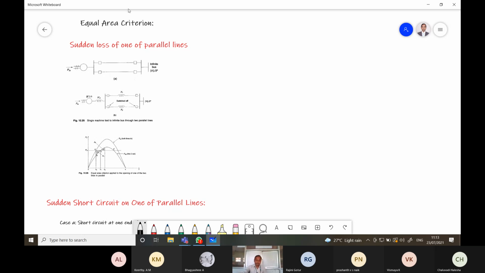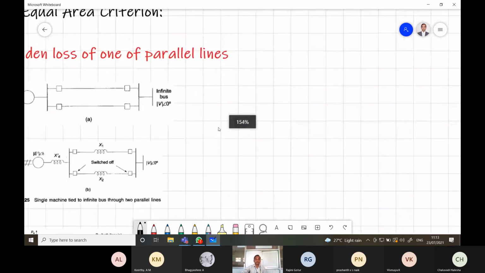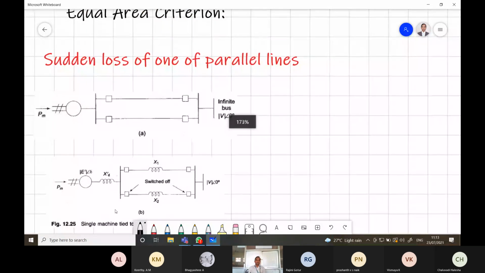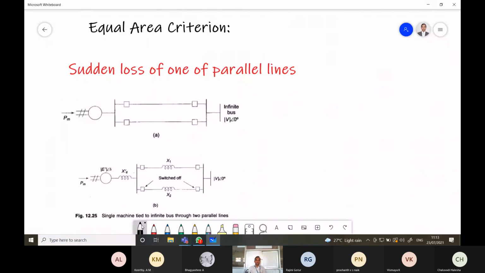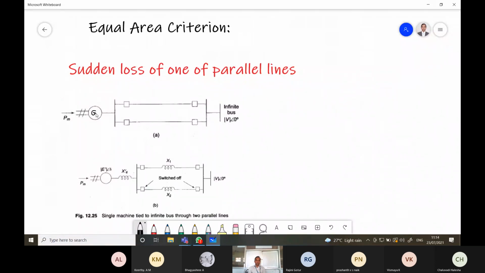So, look at the diagram here. There is a generator, and mechanical input is given to the generator.